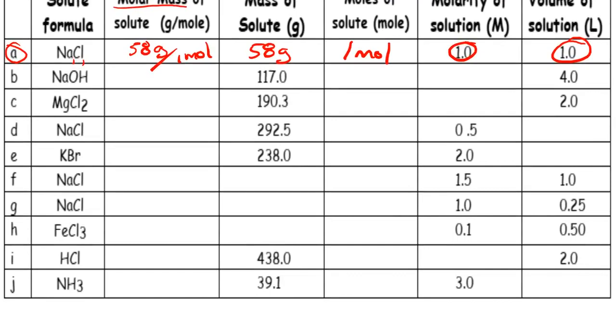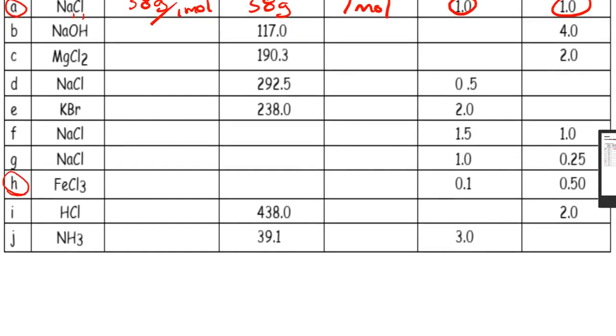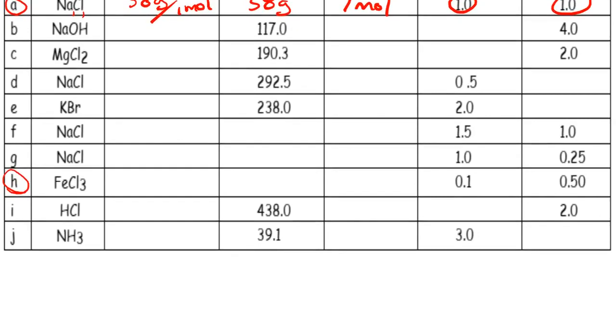So let's do letter H. I'm going to pause this for a second. We have to find out iron and chlorine. We know what chlorine is, that's 35, we got that from the first one. So we need to figure out our molar mass.